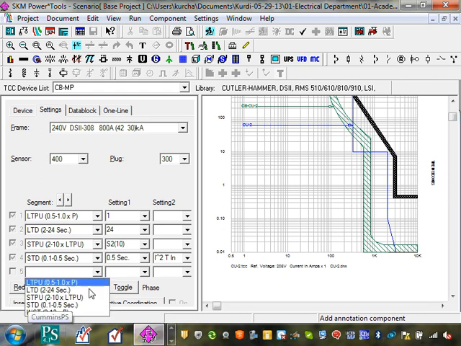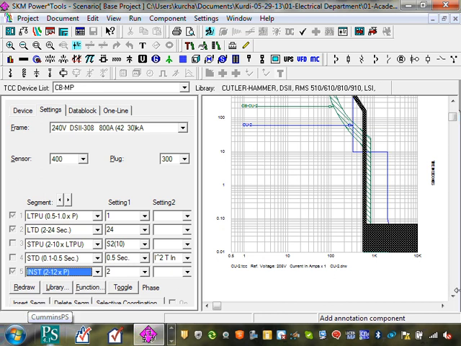So the smart people designed a circuit breaker, believe it or not, that just has this little leg and call it an instantaneous circuit breaker. That's it. No long time pickup, no short time pickup, no long time delay, no short time delay. The only thing I'm interested in is the instantaneous.